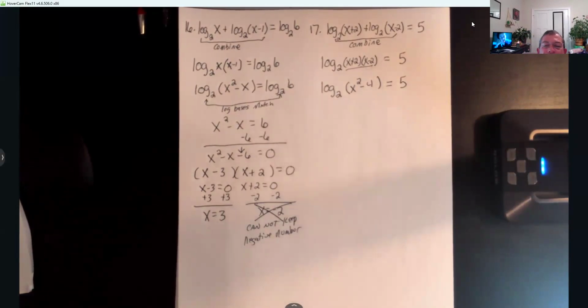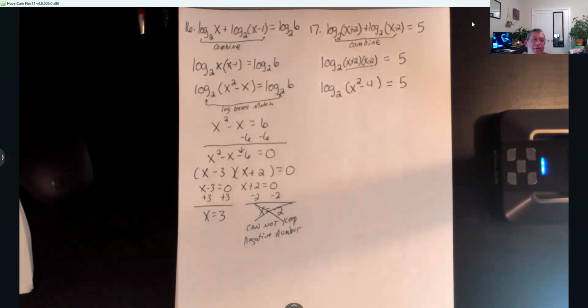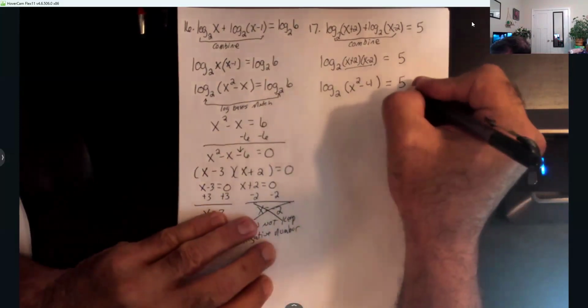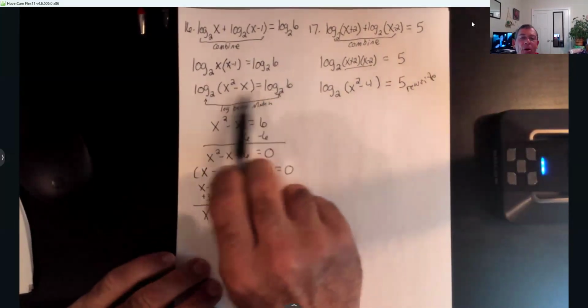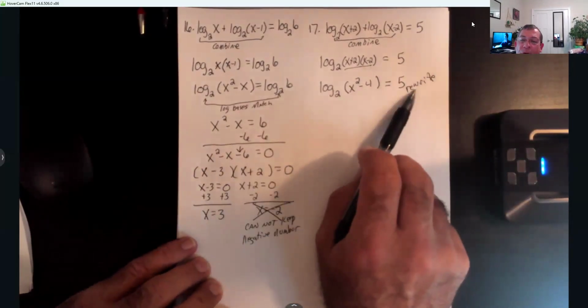So, next step. What are y'all doing to this next? So that looks like we rewrote it as exponential. Good job. We're going to rewrite. So y'all, once again, I didn't have the logs on both sides, so my only choice is to rewrite it.